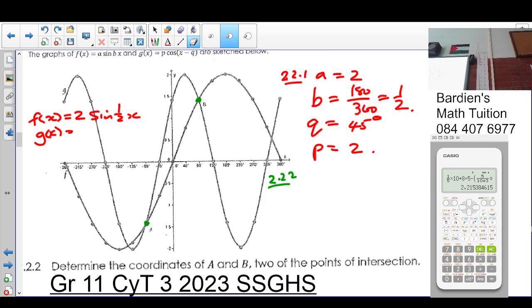I got p and q, sorry, which is 2 cos x minus 45.